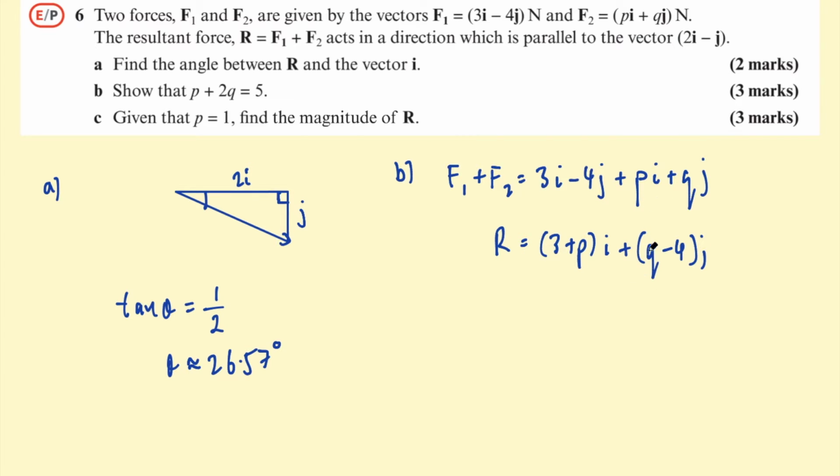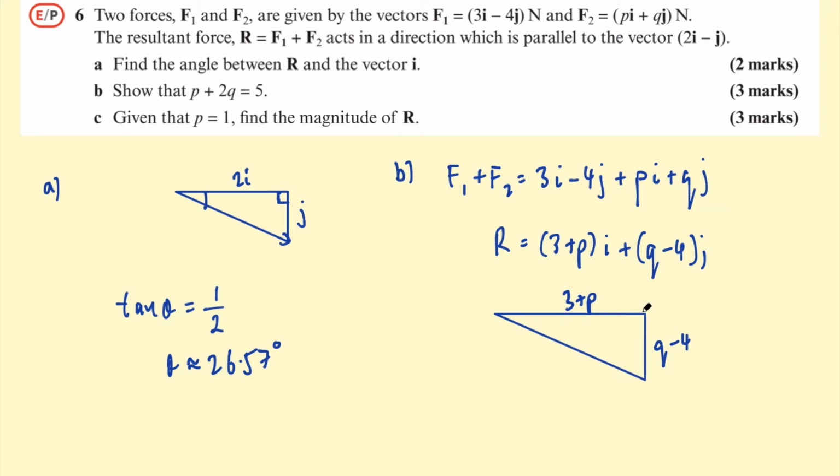And we know this vector is parallel to 2i minus j. Okay, so if we draw this right triangle again, now we can't say 3 plus p is equal to 2. We just know that the vectors are parallel. But what this tells us is that 3 plus p must be twice the magnitude of q minus 4, right?